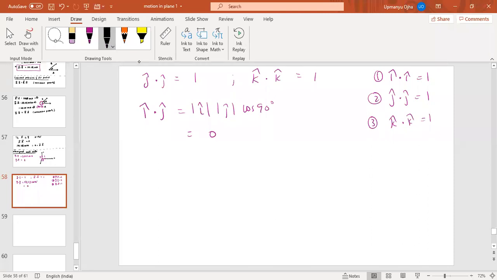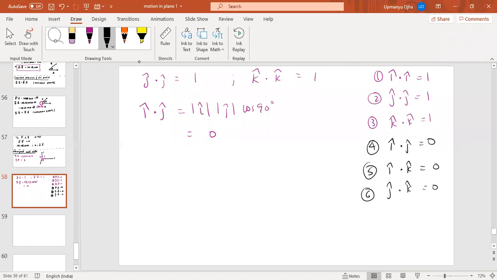So the fourth property is I cap dot j cap equal to 0. Similarly, I dot k cap will be equal to 0. Sixth one, j cap dot I cap will be equal to 0.